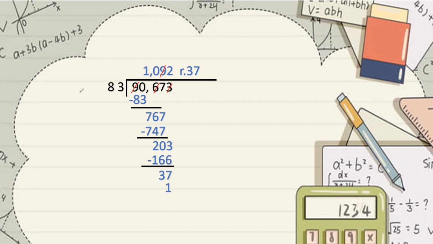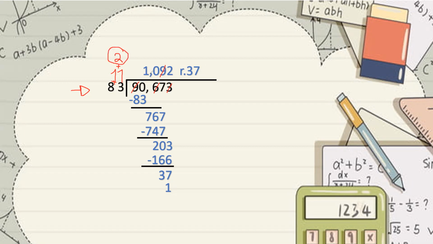Now we finish this, we are going to continue with the divisor exceed. And we have to say 8 plus 3 equal 11. 11, we say 1 plus 1 equal 2. Okay, this is the divisor exceed.